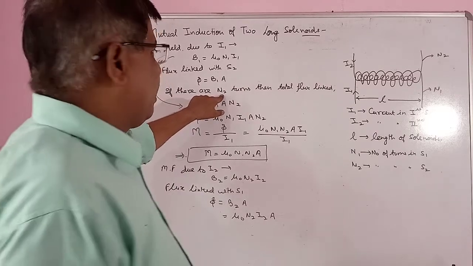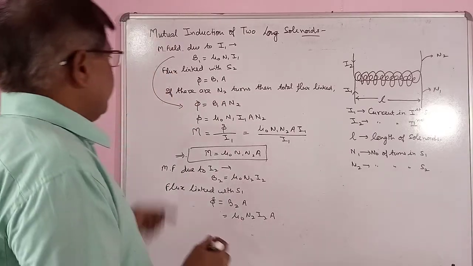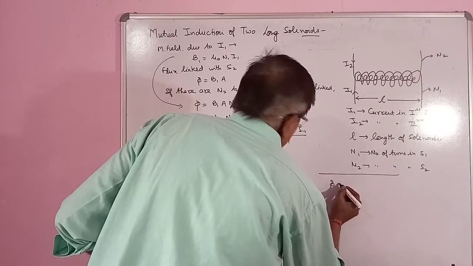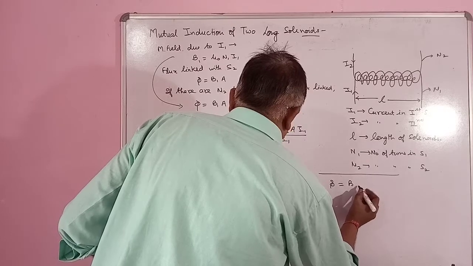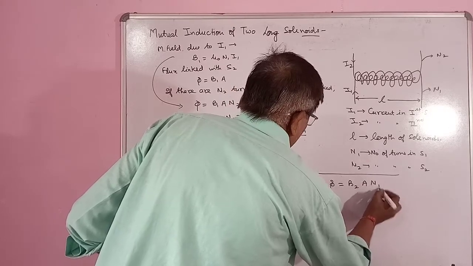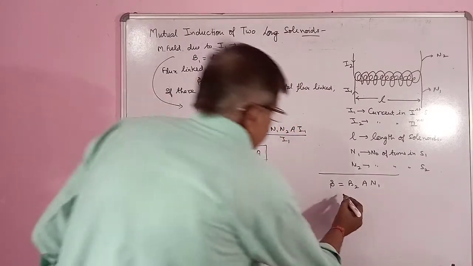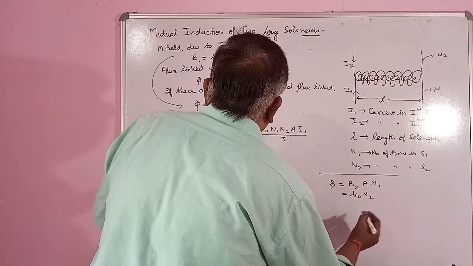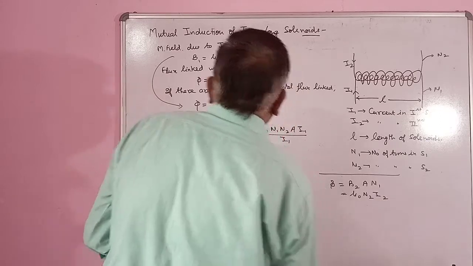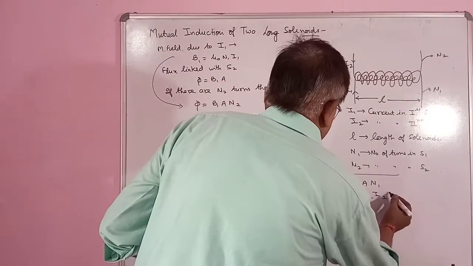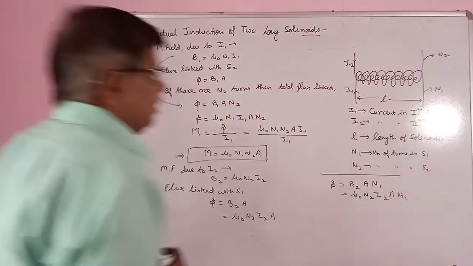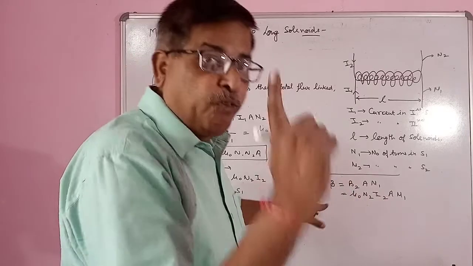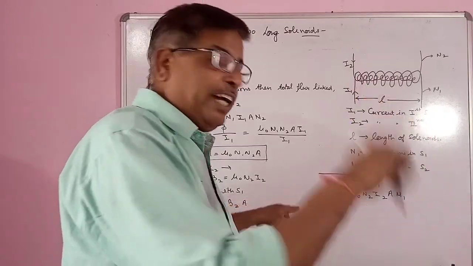So if there are N1 turns, then the total flux phi will be B2 A into N1, that is mu naught N2 I2 A N1. This is the flux linked with the first coil due to I2.